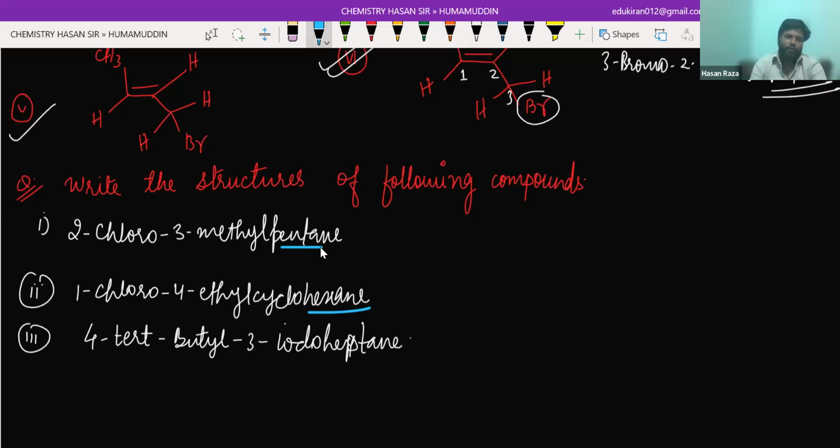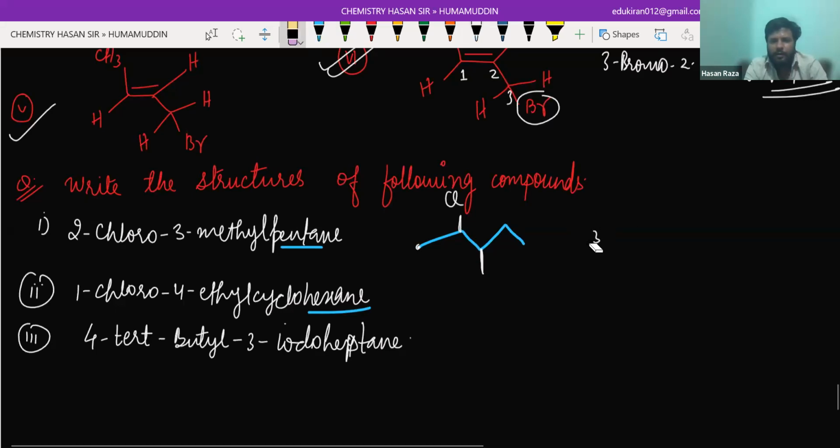2-chloro-3-methyl pentane. Whenever you are going to write the structure, concentrate on the main chain. Pentane, that means 5 carbon. 1, 2, 3, 4, 5. Now you can see 2-chloro. So at the second position, you have chlorine. And at the third position, you have methyl. So this is the structure. You can also write like this, CH3. 5 carbon in the parent chain, so 1, 2, 3, 4, 5, and make single bonds.